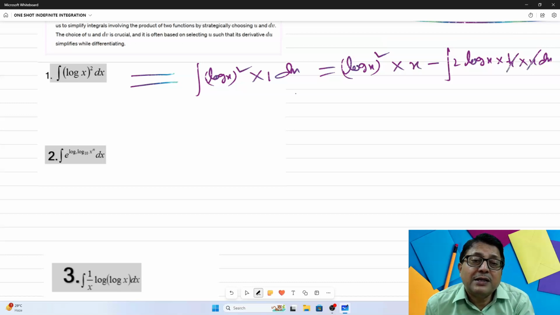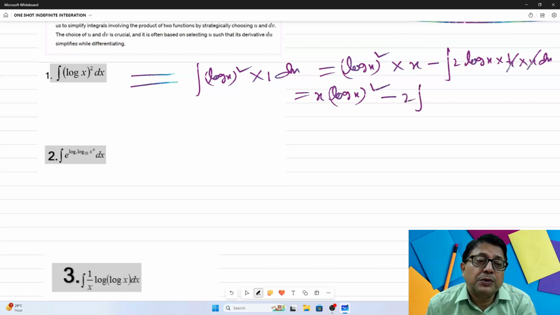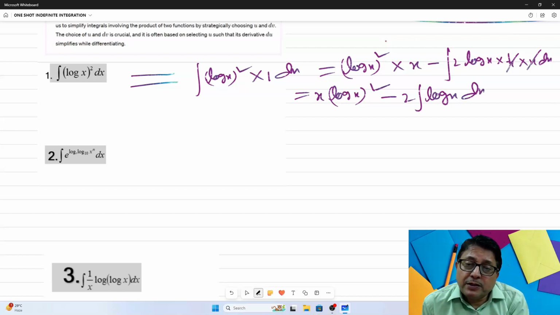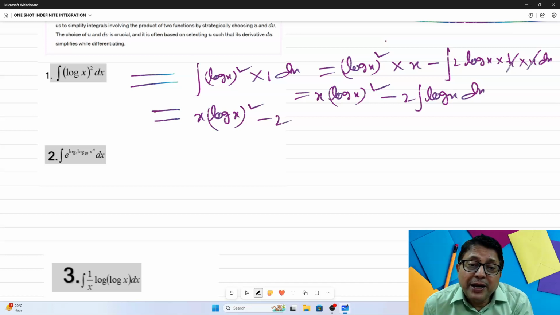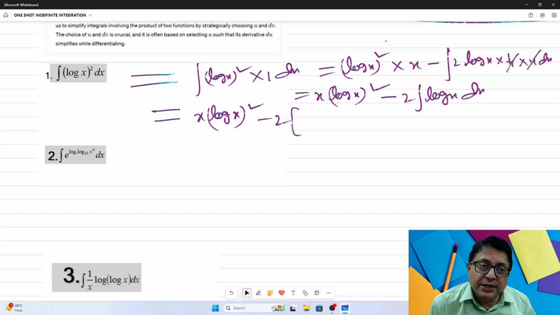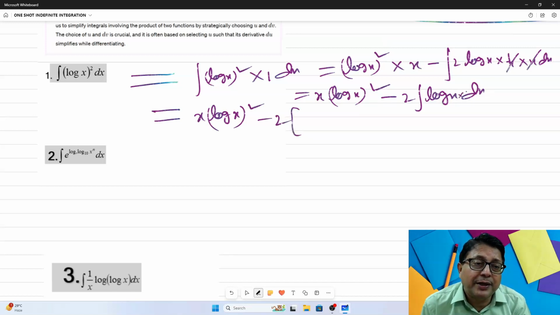These two get cancelled. It is x log x whole square minus 2 integral of log x. So again you need to use by parts, because log x integration we don't know. We have to get the result of log x integration by using integration by parts again. Log x into 1 you write again.